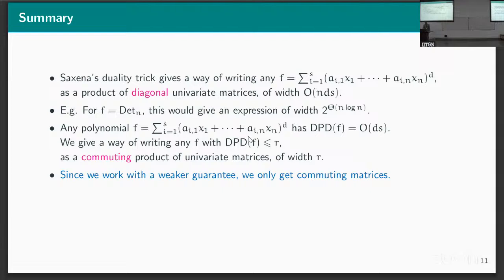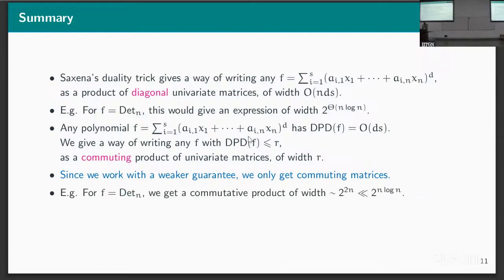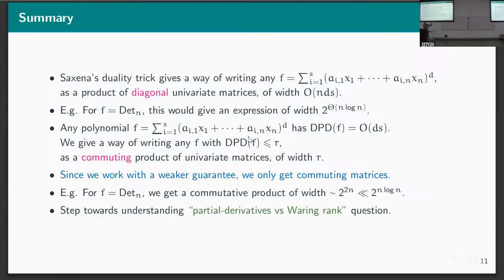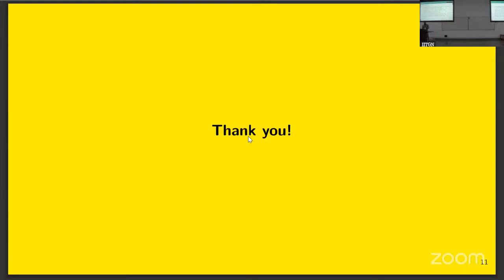So when you only assume a bound on the dimension of partial derivatives, it is a weaker guarantee. Since we use a weaker guarantee, we get weaker constructions. We don't get diagonal matrices, we get commuting matrices. But for the determinant, it shows you a super polynomial gap. This has some other connection to the partial derivatives versus Waring rank question, and all those things are there in our paper. You can read it, but I thought this was more important. So I'm done. Thank you.